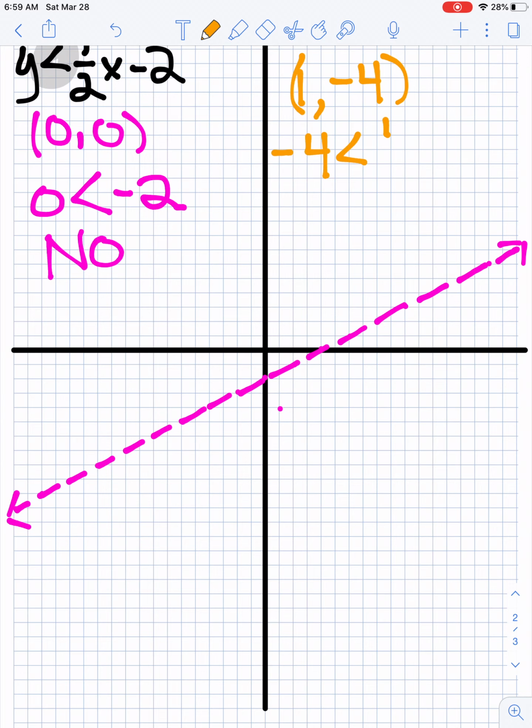So that's just 1/2 minus 2. So -4, is that less than -1.5? Yes. So that means 1, -4 makes it true. So that is the side of the line that I'm going to shade on.